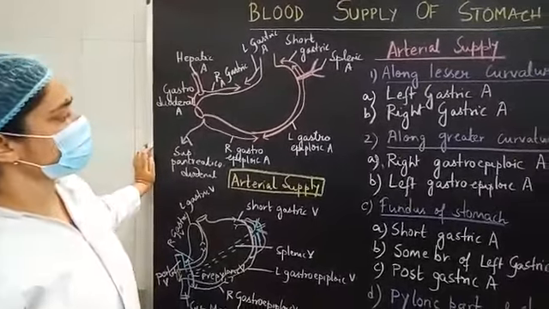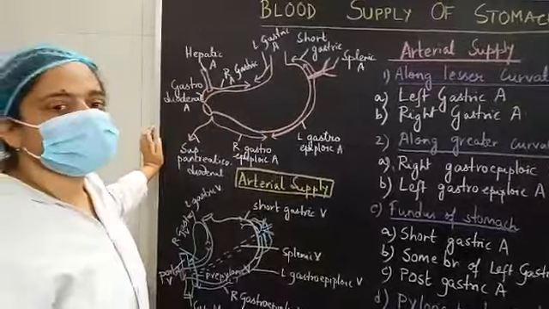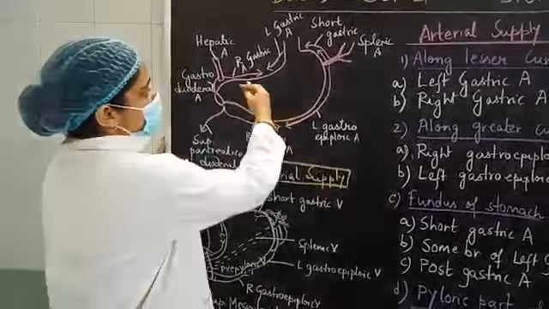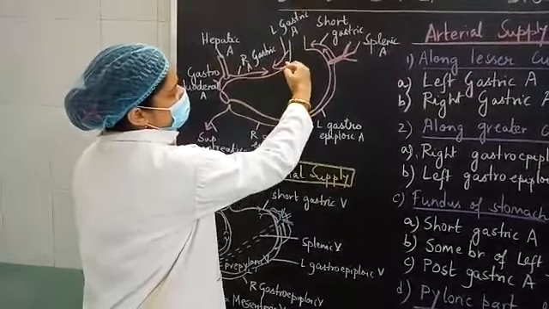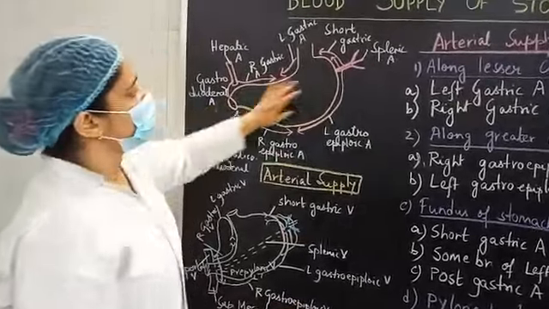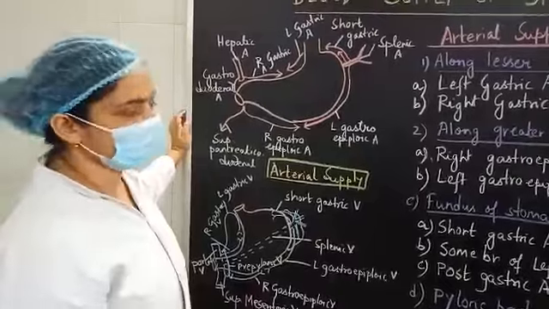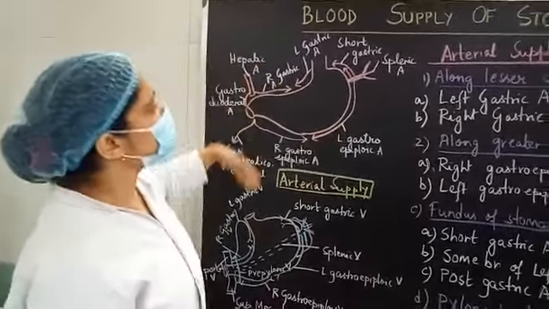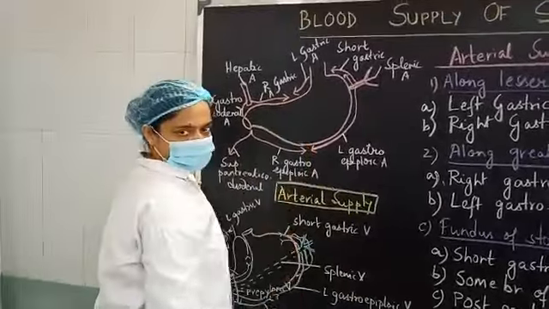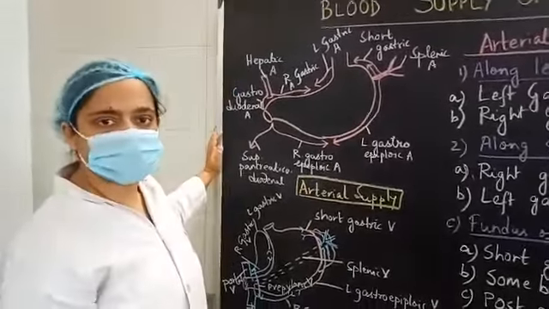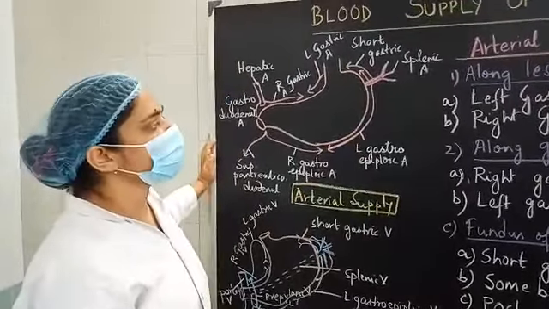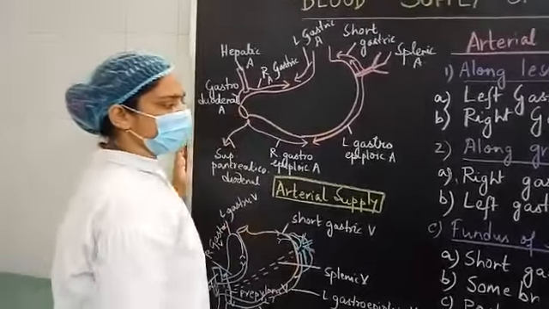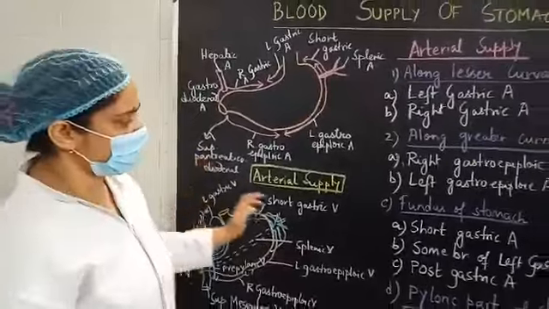Also remember that these arteries, they give rise to a number of anterior and posterior branches, and these anterior branches, they are again anastomosing along the anterior surface of the stomach and also supplying the pyloric part. Similarly, the posterior branches arising from these arteries, they are also anastomosing and they are supplying the posterior surface of the stomach and along with the corresponding pyloric part.